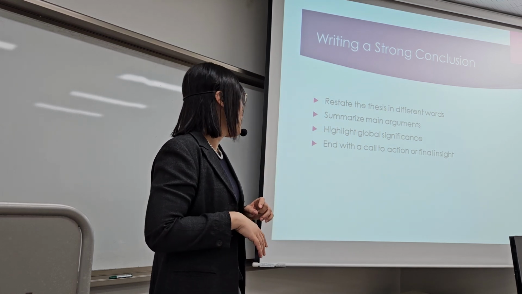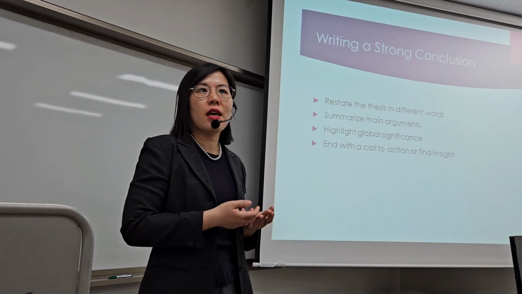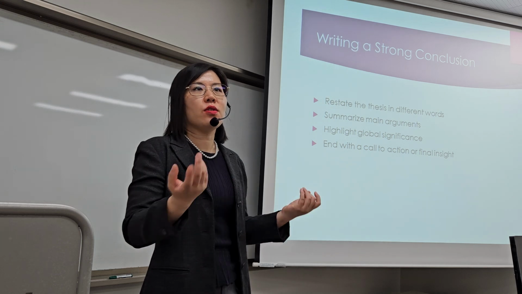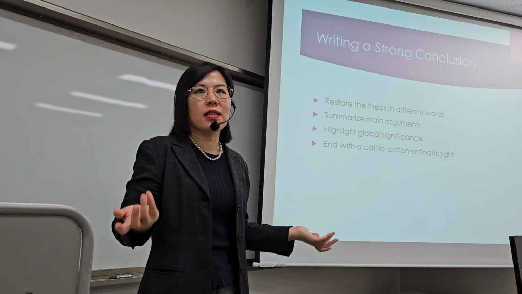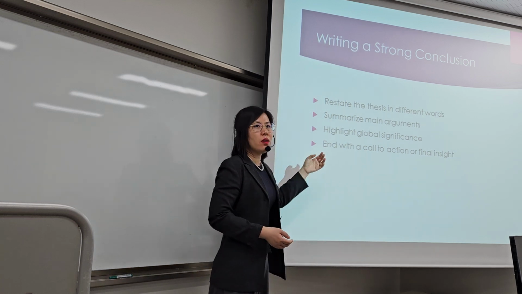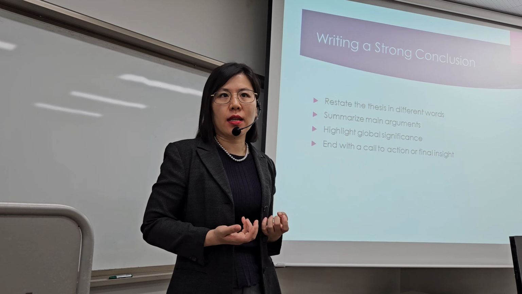And then, as we did in the introduction, you say, okay, because of this, this issue of AI or this issue of low birth rate has a global significance. And this is very important, especially with a global issue, you end your conclusion with a call to action.